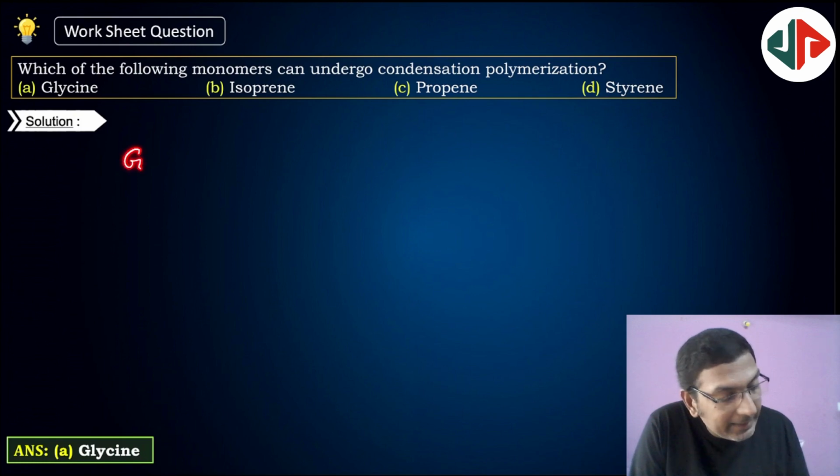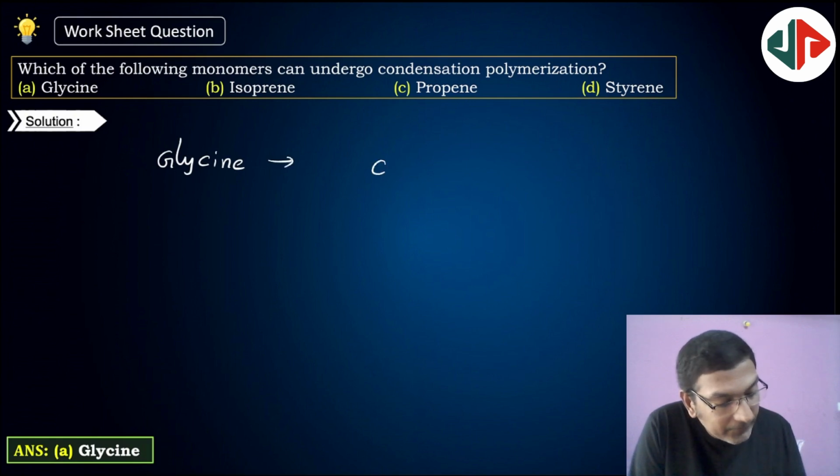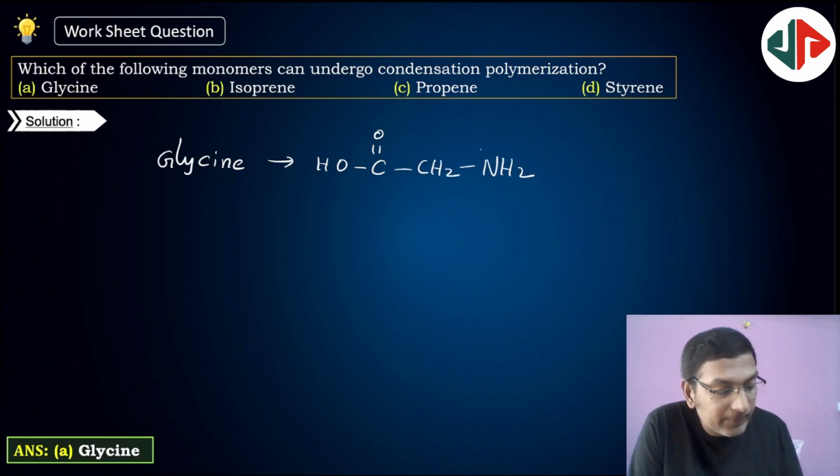So glycine contains functional groups, that is COOH, CH2 and NH2. So this undergoes condensation.